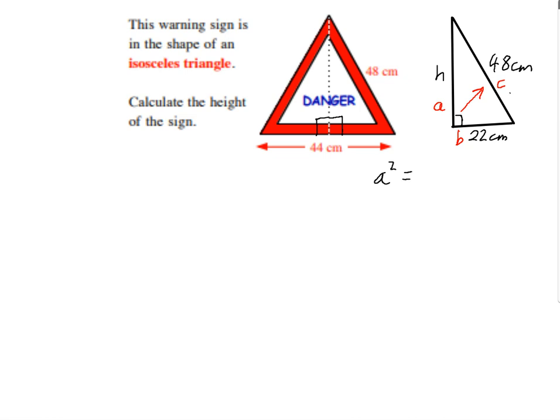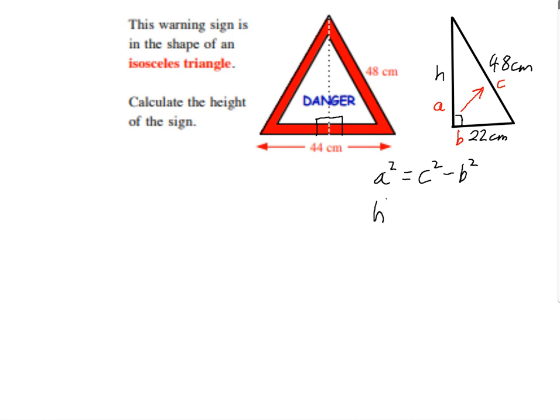And that equals the longest side minus the remaining short side, so B. So A squared is equal to C squared minus B squared. So always the part you're looking for is equal to the longest side, the hypotenuse, minus the other short side.